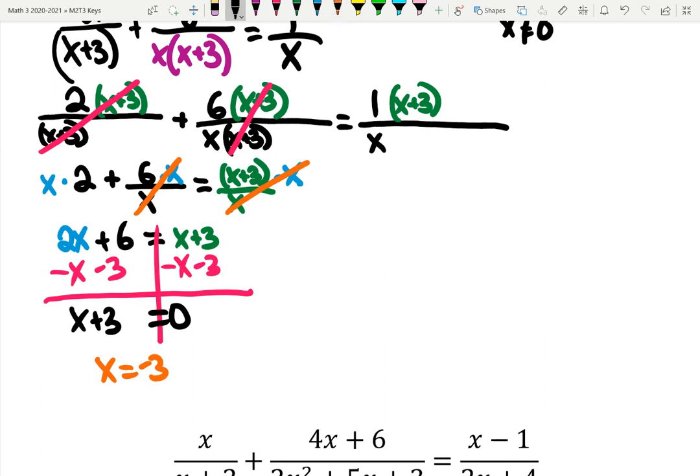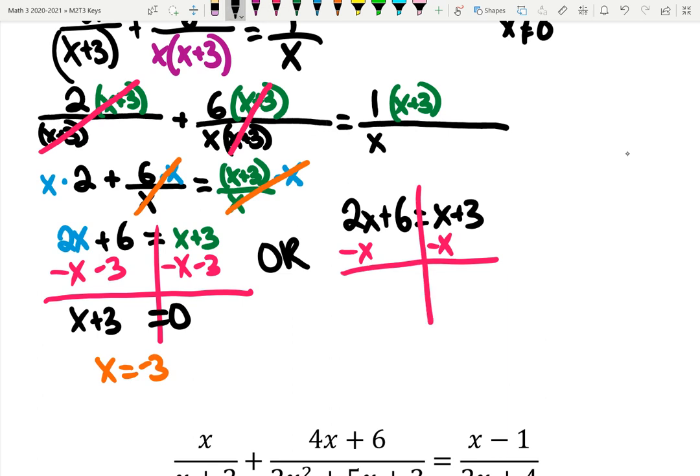Some of you, however, might want to do it this way, where you have 2x plus 6 equals x plus 3. And I'm going to subtract x from both sides. I get x plus 6 equals 3. And I subtract 6 from both sides. And I get x is equal to negative 3.